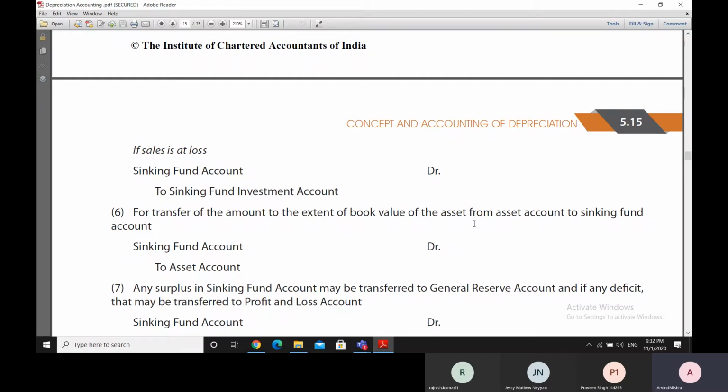What we are doing here: the old asset has certain salvage value, so we sell that old asset, and thereby we are transferring the book value of the old asset by crediting the asset account to the extent of the book value that we'll get by selling that asset, and debiting the sinking fund account.